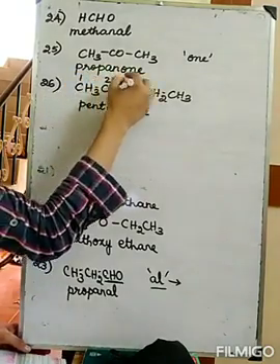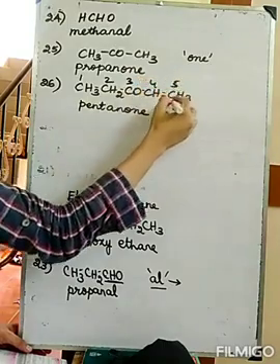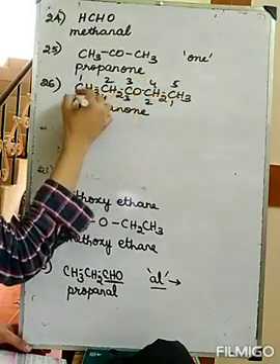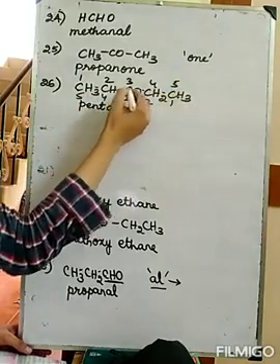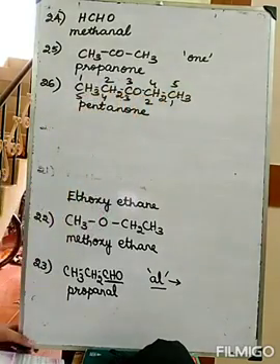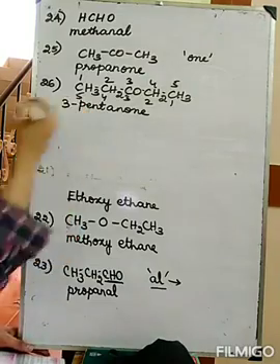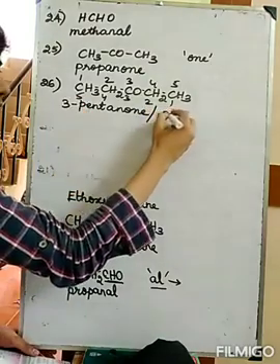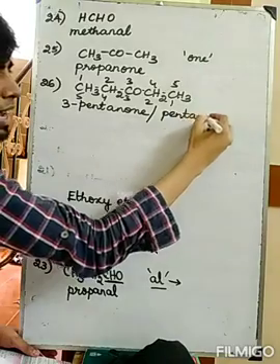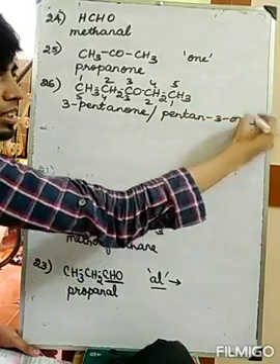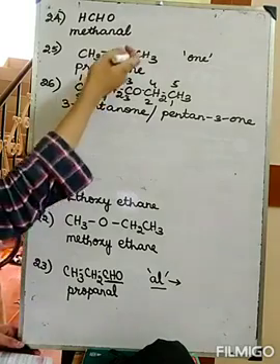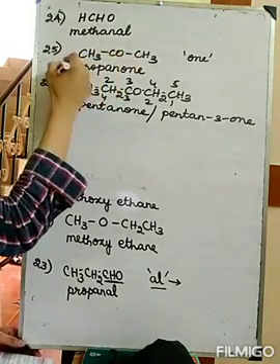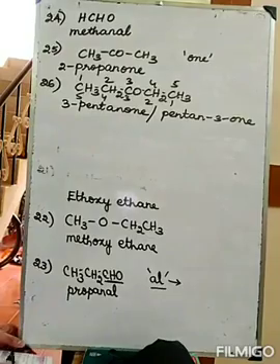So 1, 2, 3, 4, 5. In whichever way you number, the ketone group is always getting the number 3. So the name is 3-pentanone, or you can write it as pentan-3-one. Like this also you can write. Here also you can write the number. So it can be 2-propanone.